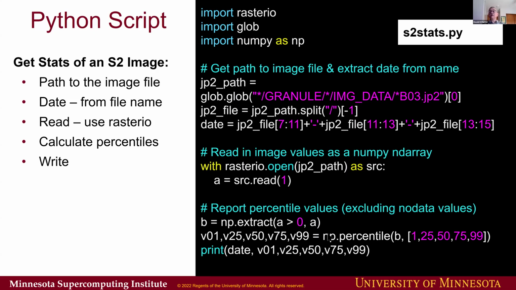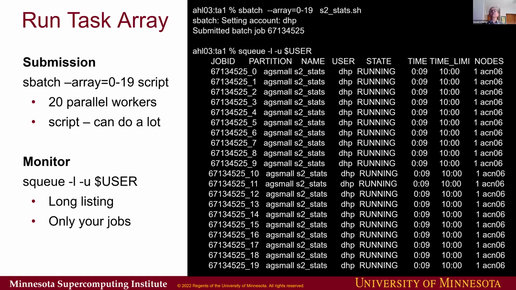And then I can use NumPy percentiles to get the 1st percentile, the quartiles, and the 99th percentile, and then just print them out along with the date for labeling. And that's really all there is to it for this simple kind of processing that illustrates how to do this data-driven workflow.